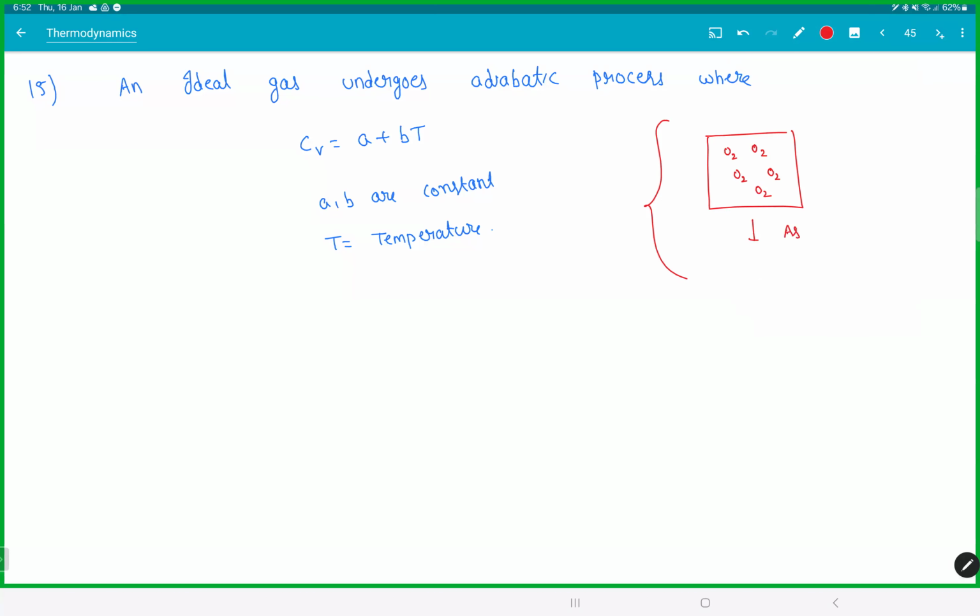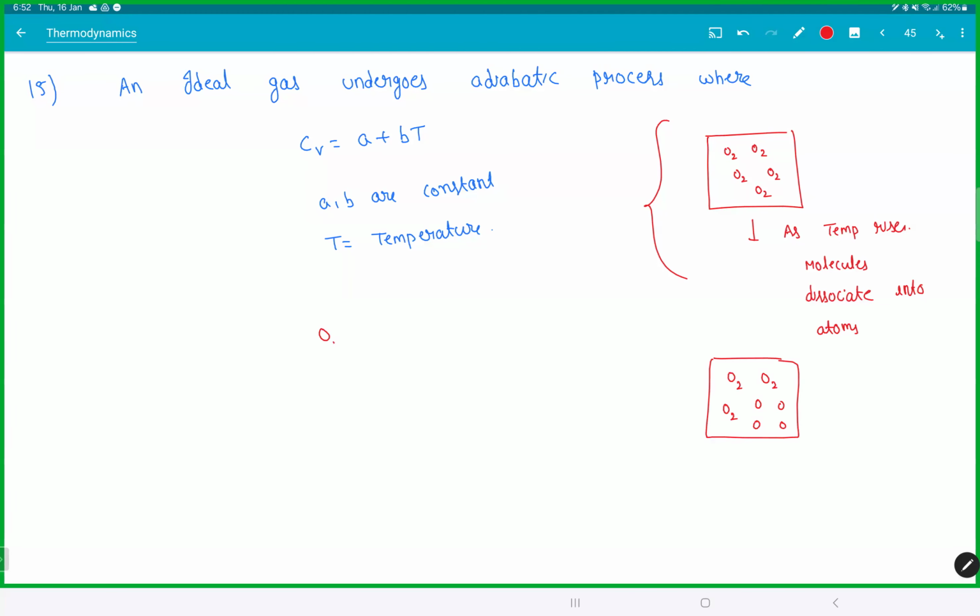The molecules will start dissociating into atoms. So they'll become atomic oxygen. So your gas becomes a mixture of O2 molecules and some atomic oxygen also.